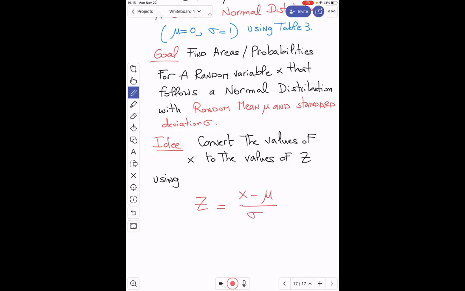So x minus mu over sigma gives you the number of standard deviations between your variable x and the mean of your normal distribution.